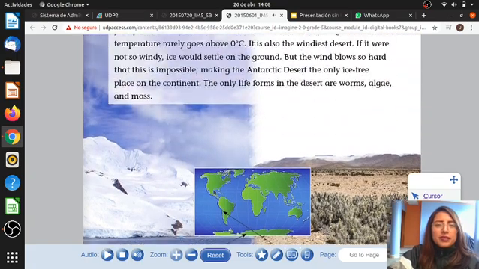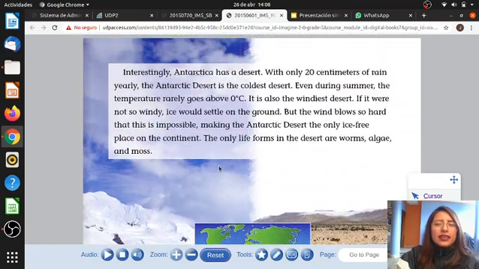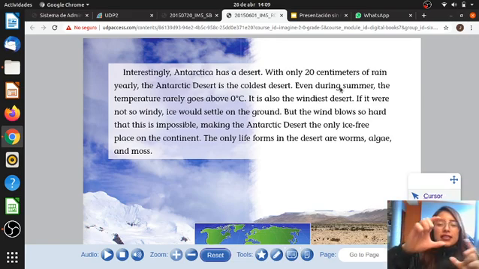Okay, in this paragraph, something that is important is that, for example, the Antarctic desert is the coldest desert. Es el desierto más frío. Okay, coldest, frío. Y incluso en el verano las temperaturas bajan a 0 grados centígrados.